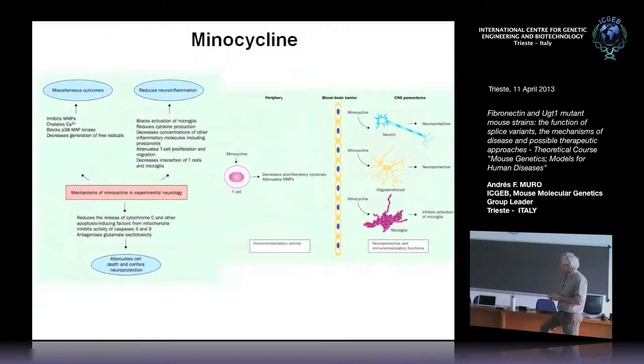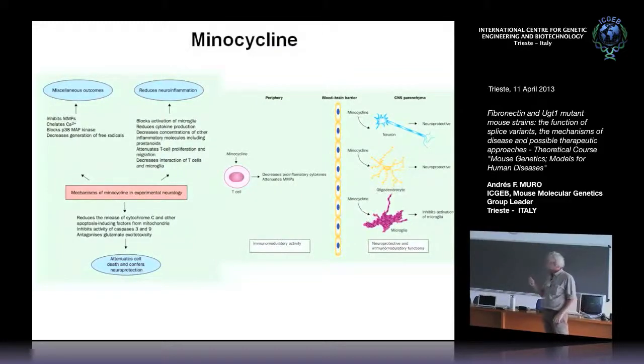The first thing, we selected a drug called minocycline, that is very particular because it is already known to have some neuroprotective properties. Minocycline is an antibiotic that chelates calcium. And one important thing is that it is able to cross the blood-brain barrier.